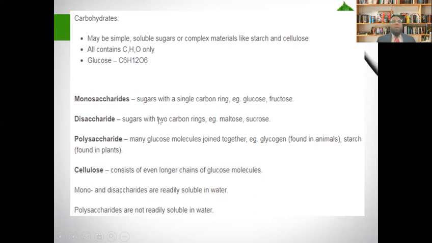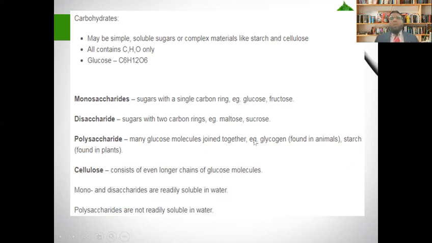Now there are types of carbohydrates. Monosaccharides are sugars with a single carbon ring, for example glucose and fructose. Disaccharides are sugars with two rings, for example maltose and sucrose. In a disaccharide, for example, when glucose combines with glucose, it makes maltose. So two monosaccharides are found in disaccharides. And polysaccharides are where many glucose molecules join together.